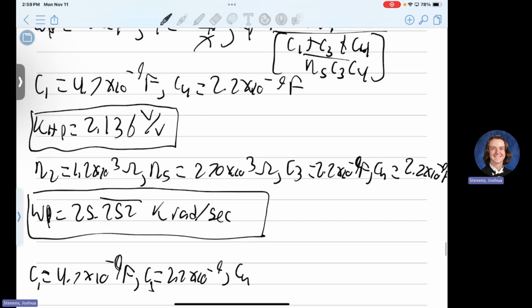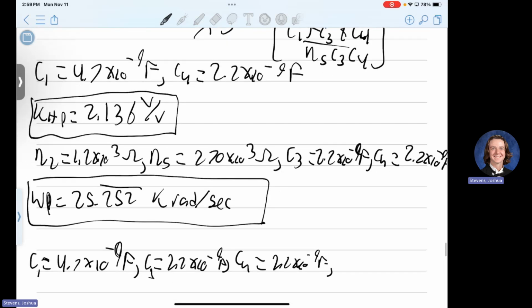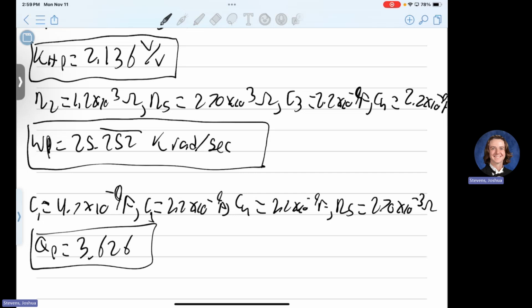C4 also equals 2.2 times 10 to the negative 9th farads. And then resistor 5 equals 270 times 10 to the third ohms. And when you plug all that in, QP equals 3.626. That's it.